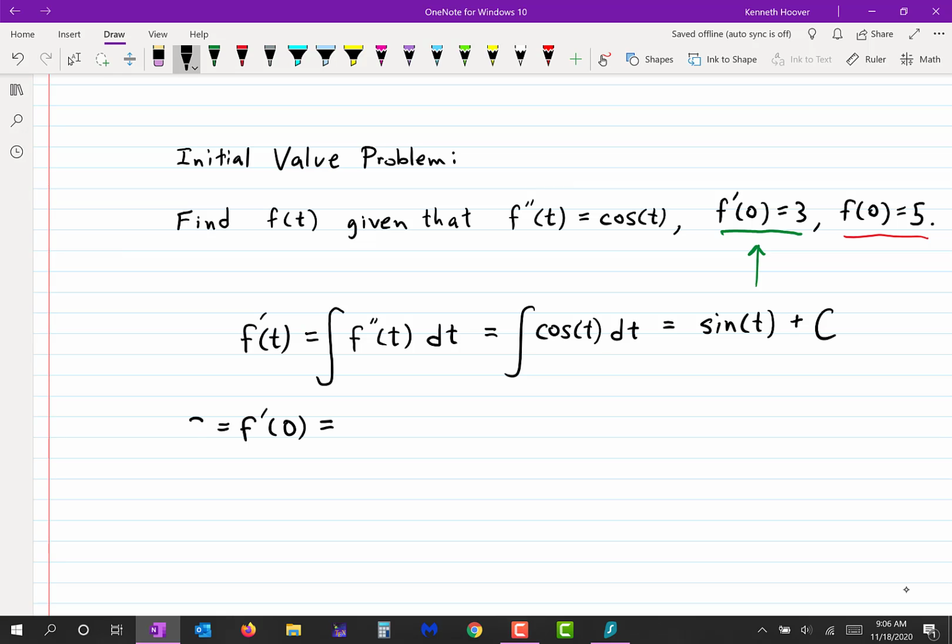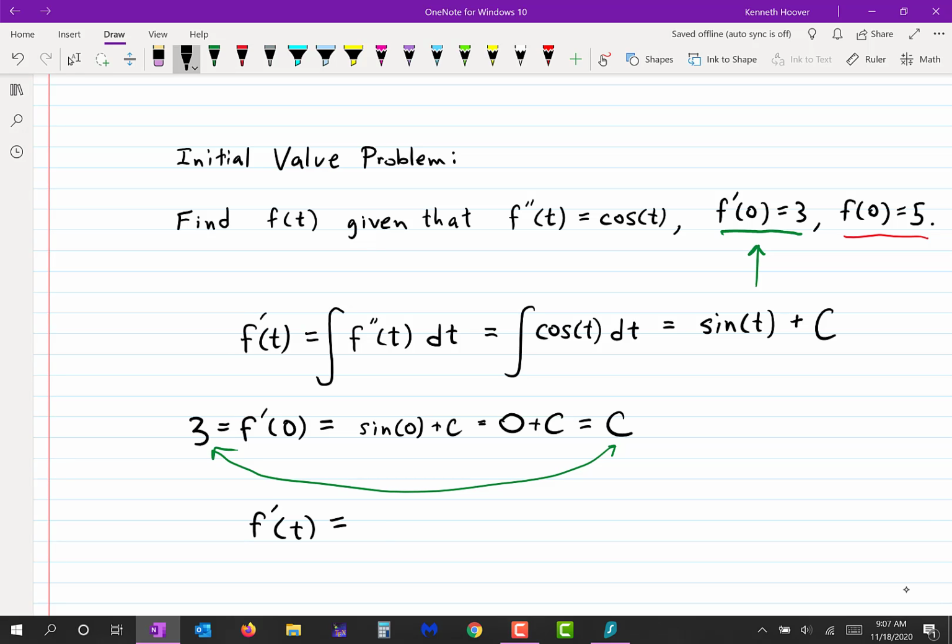But I can also calculate the value, and I would get sine of 0 plus c. What's the sine of 0? It's 0, so that's 0 plus c, which is c. You see what I have here? That capital C equals 3. So I have f prime equals sine of t plus 3.